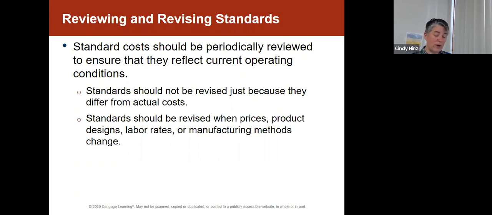But right now, as you can imagine, with prices increasing, and we've talked about this over the last couple of weeks, as we see prices increasing for lots of commodities, including steel and diesel and gasoline and other materials that might become part of the product or be necessary for our manufacturing process, companies absolutely need to be looking at, not necessarily changing their standards, but recognizing the impact that those economic conditions might have on their results.